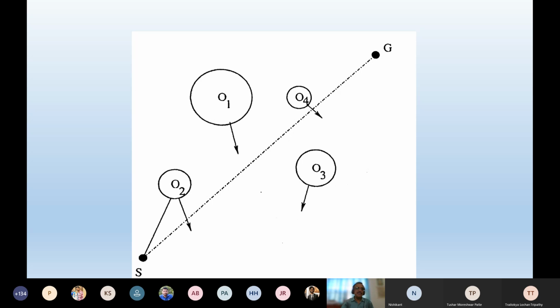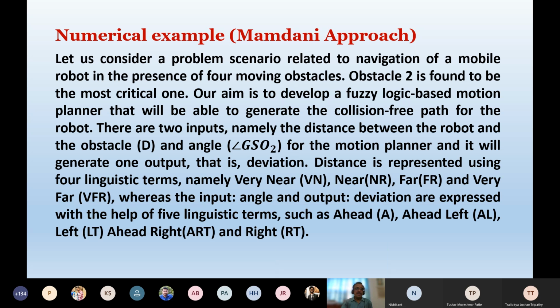Now I'm going to give the statement of the problem. Let us consider a problem scenario related to navigation of a mobile robot in the presence of four moving obstacles, O1, O2, O3 and O4. Obstacle 2 is found to be the most critical one.